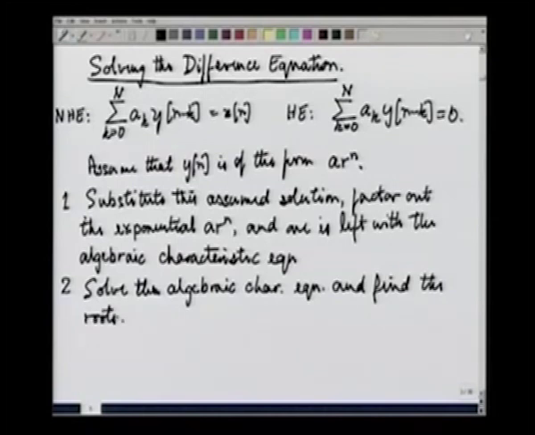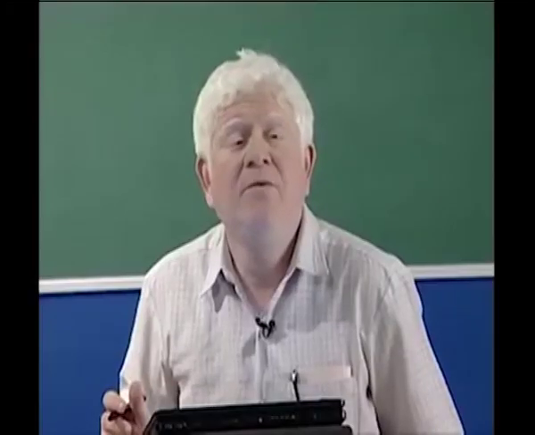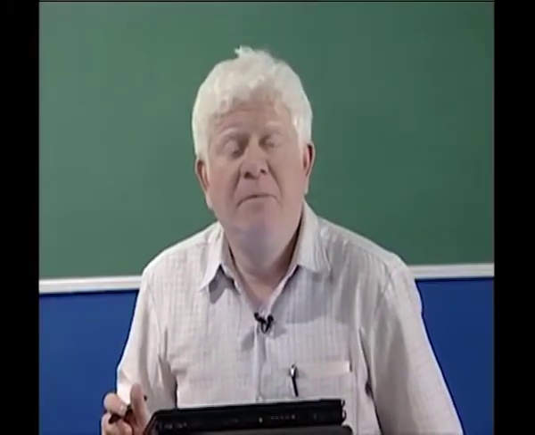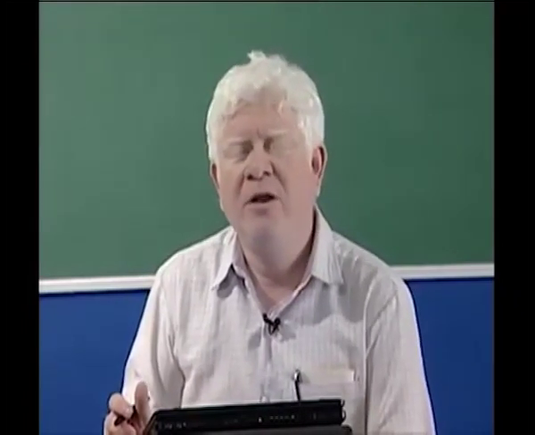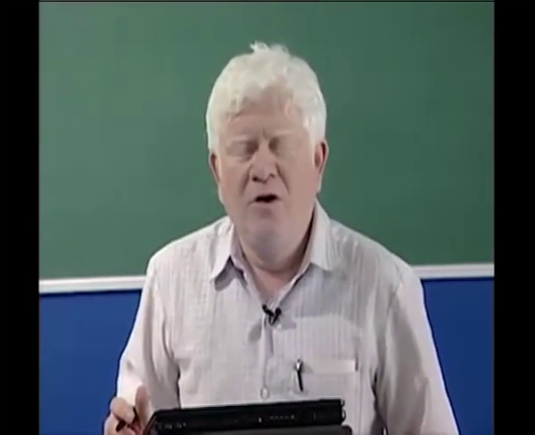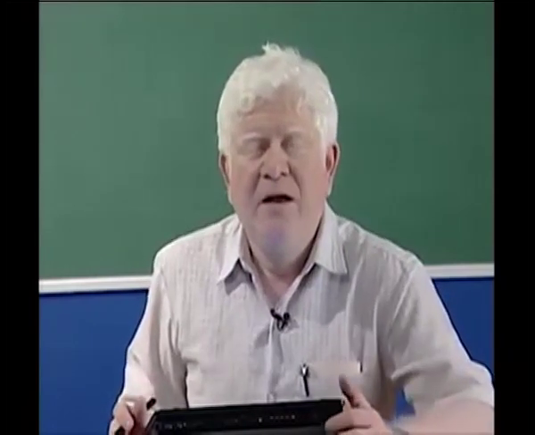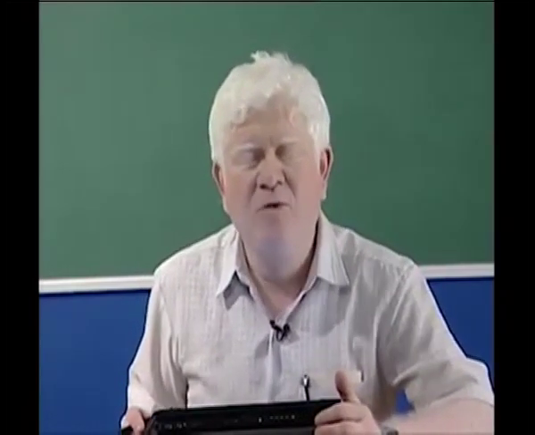Fine. Now, there are several cases that can occur, as it happened with the differential equation. You could have multiple repeated roots, you could have all distinct roots, so on and so forth. So, in order to avoid getting into matters of detail, I will assume for the present that we have a set of n distinct roots.